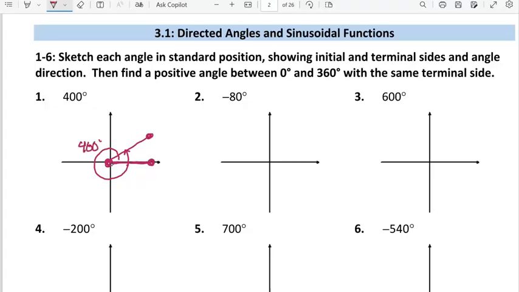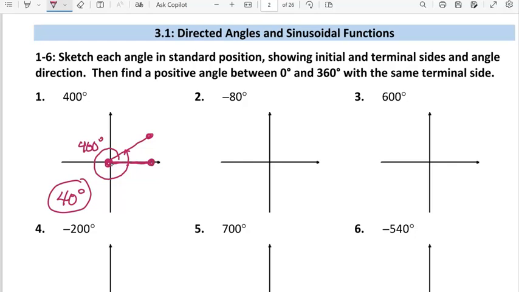So I'm going to label that angle as 400 degrees, and we said it's 40 degrees beyond a full revolution, so that same angle that has the same terminal side, which is called a coterminal angle, is one with a 40-degree measure.